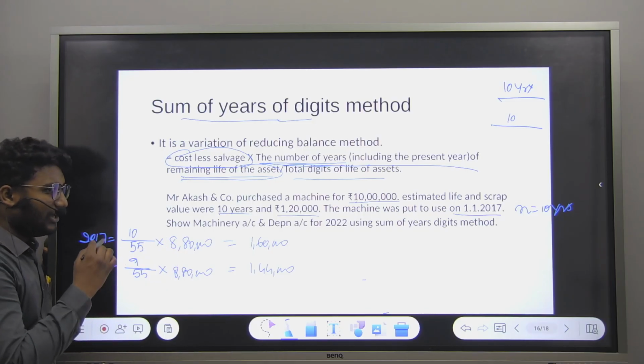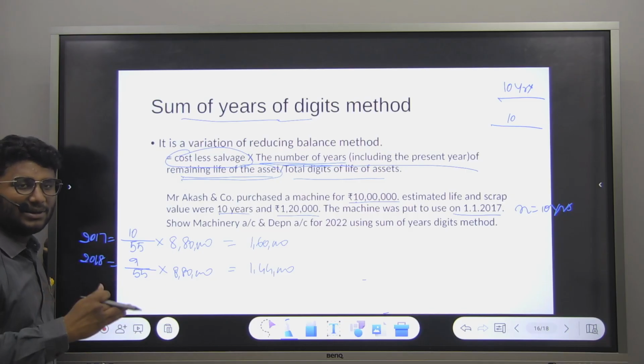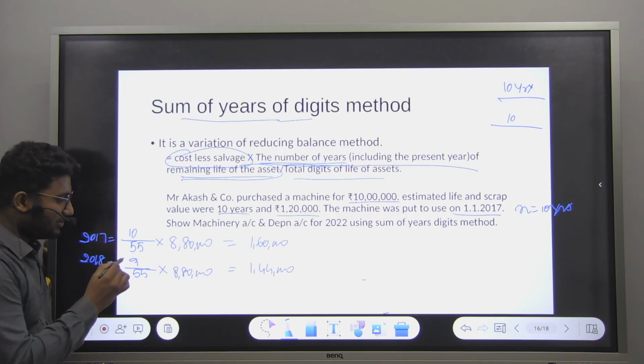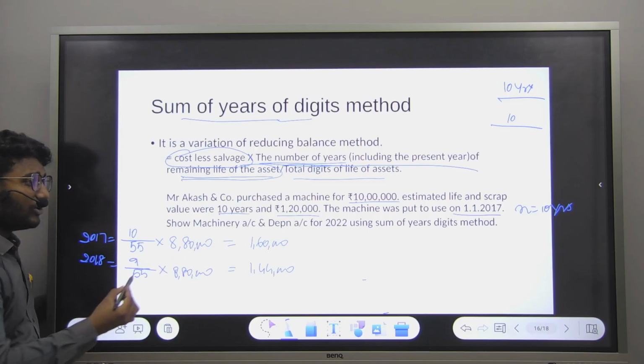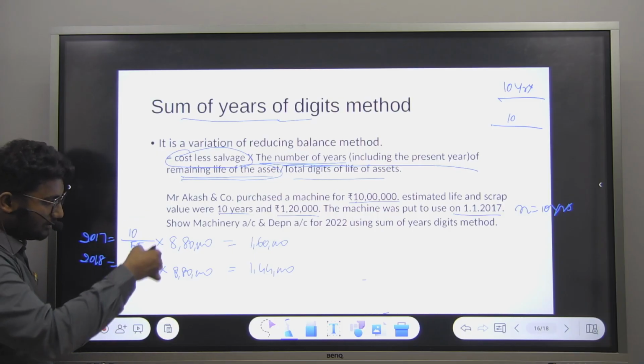Second year, 1 year has already passed, remaining 9 years are there. So 9 divided by sum of all the digits, 55, into cost of the asset.